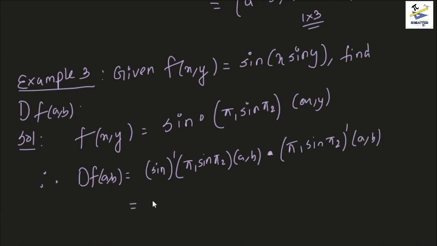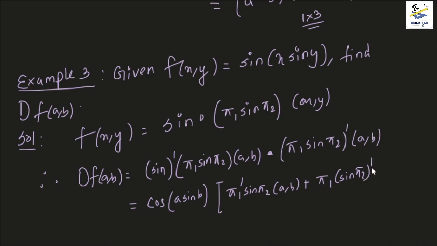Well, sine's derivative is cosine, and putting the value you get cosine of a sine b, and this one now, pi 1 into sine pi 2, is just a multiplication, so it is basically pi 1 prime into sine pi 2 at the point (a, b) plus pi 1 into sine pi 2's derivative at the point (a, b).